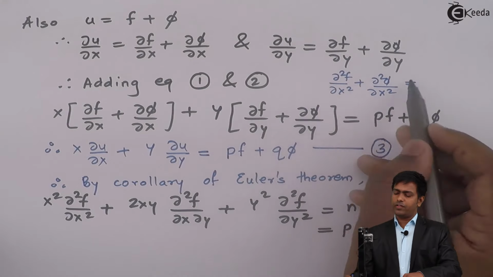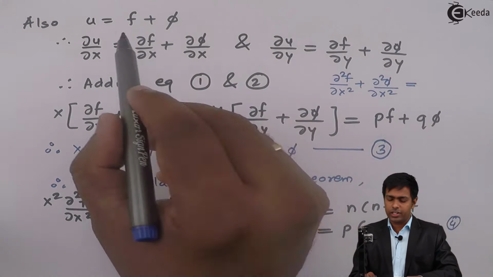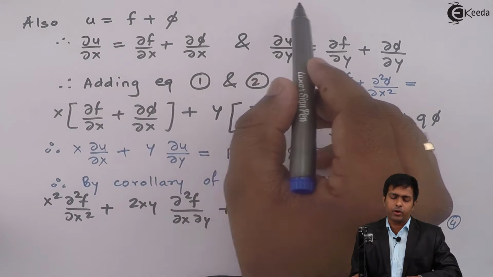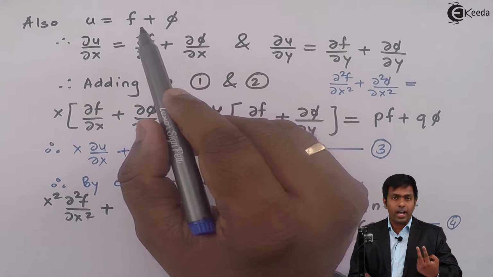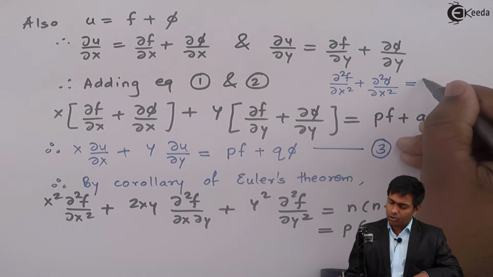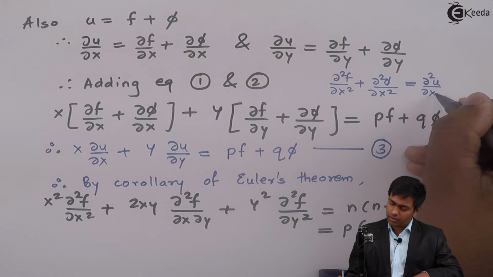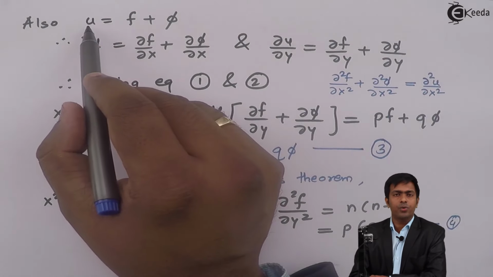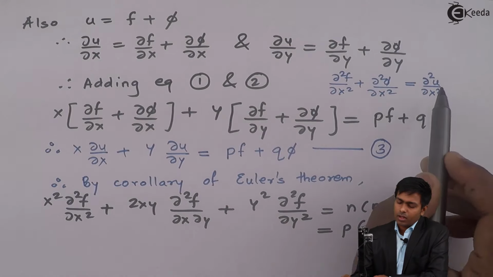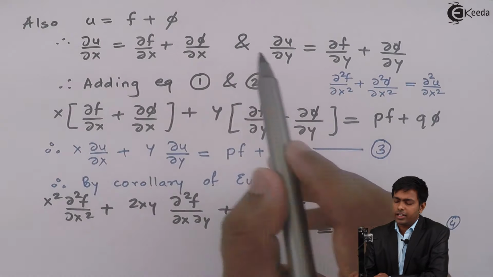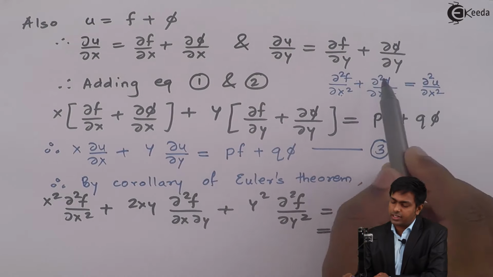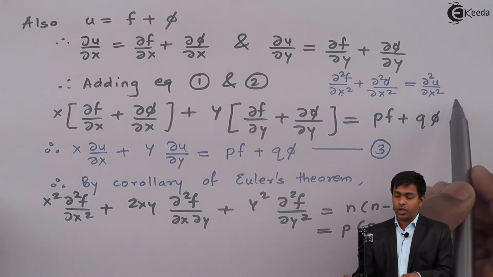Now to get the value of this, we'll again make use of u equal to f plus phi. If we differentiate this equation twice partially with respect to x, we'll get dou square u by dou x square on the left, and on the right hand side we'll get dou square f by dou x square and dou square phi by dou x square. It means the value of this is dou square u by dou x square.